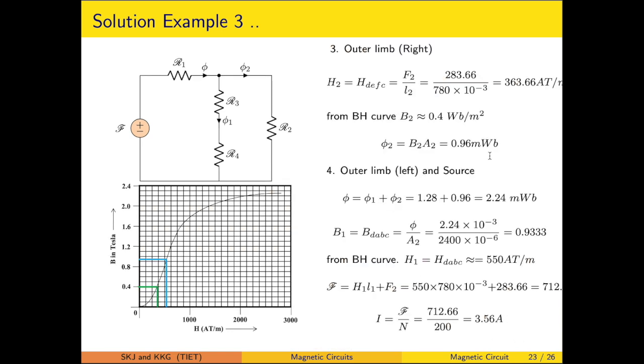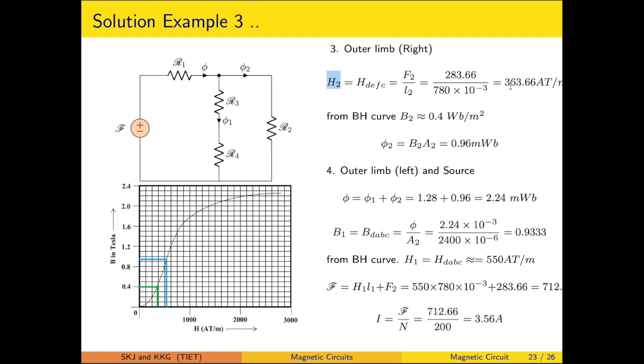Now this particular MMF is the same across the parallel branch. This is just like a voltage across these two nodes. This is a parallel arrangement, so the same voltage or MMF will be there. We can make use of that in calculating the H2, which is the magnetic field intensity. That is equal to F2 upon L2.